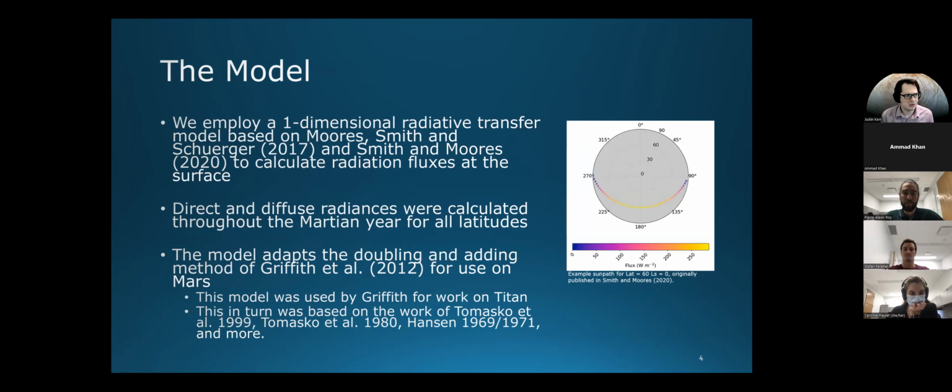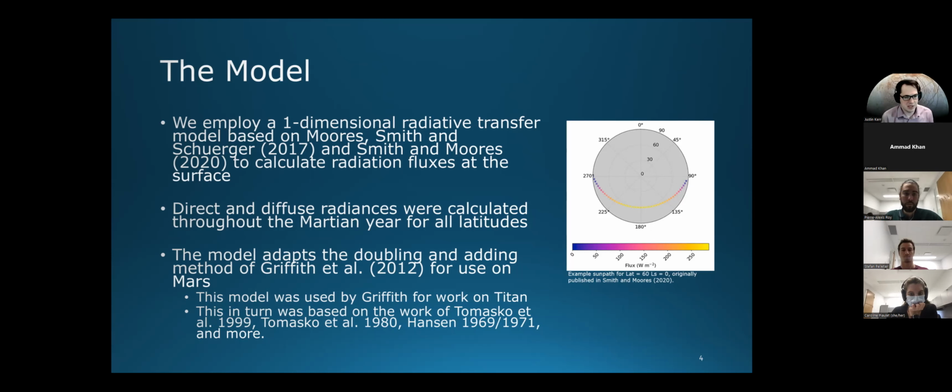So here's some information on the model that we're using to calculate the amount of energy available at the surface. We use a one-dimensional radiative transfer model based on the works of Moores, Smith, and Sugar in 2017 and Smith and Morris 2020 to calculate radiation fluxes at the surface. These models calculate direct and diffuse radiances throughout the Martian year at all latitudes, so we can get values across the entire planet.